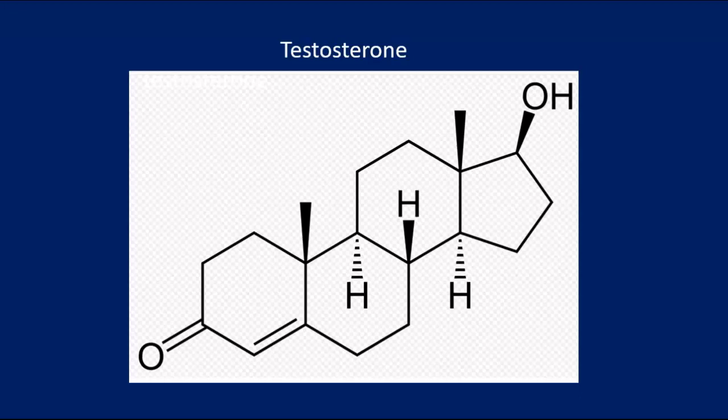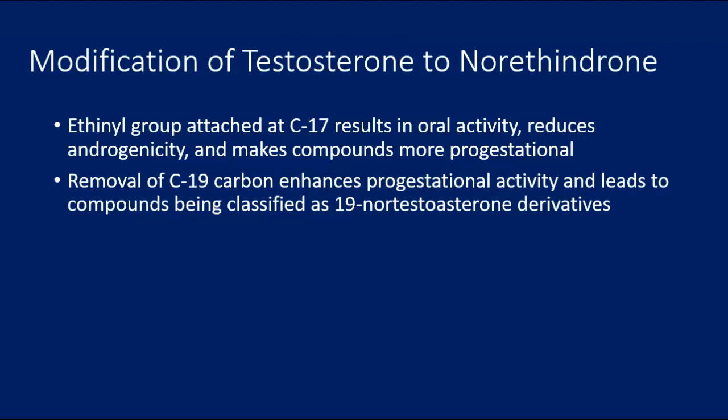And as we will point out, that's why some of these particular compounds are labeled nortestosterone in their nomenclature. So by modifying testosterone in the following fashion, that is attaching an ethinyl group at C17 and removing the C19 carbon, all of this leads to more progestational activity and some reduction in androgenicity.